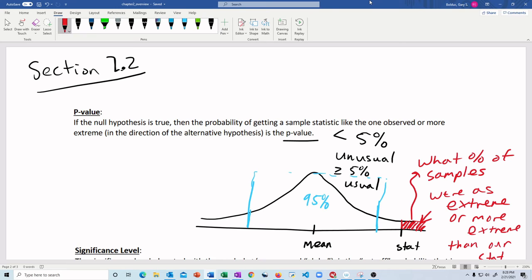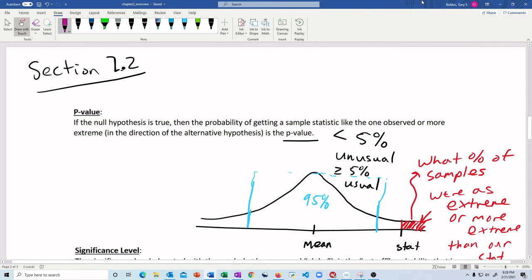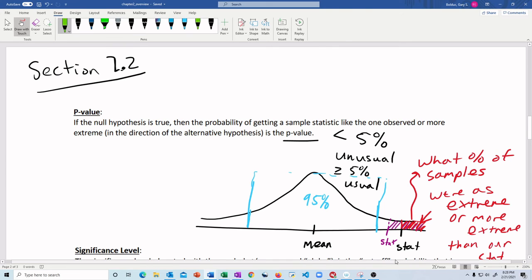If that number is big enough, right? So let's say my stat is a little bit less extreme. As my stat goes in, maybe this is my stat now, then a larger percentage of the samples are going to be at that point or more extreme. This would still be unusual, but then again, if my stat gets a little bit closer, now I'm over here maybe.